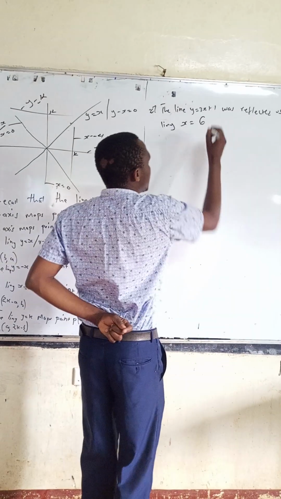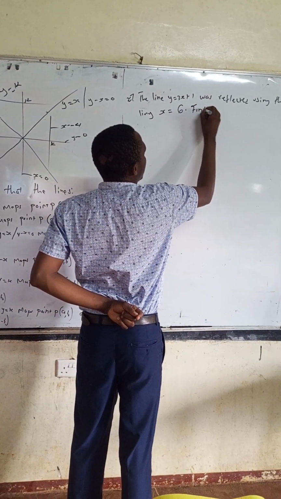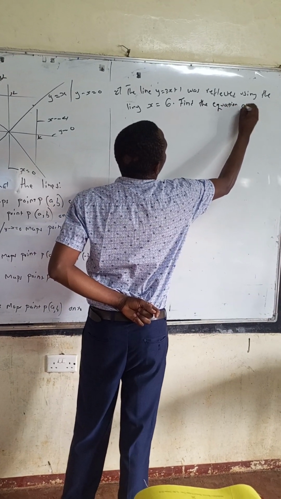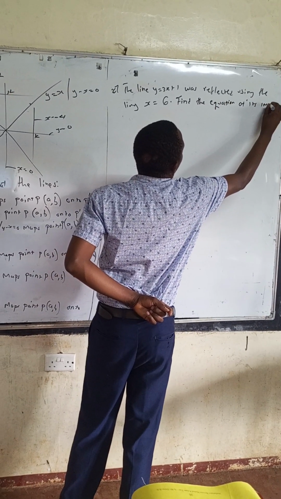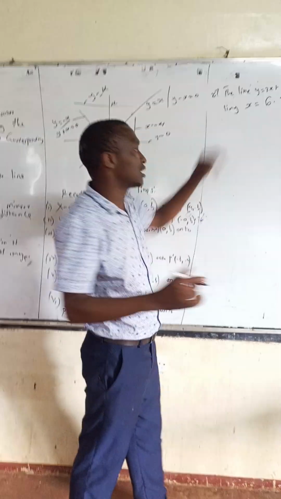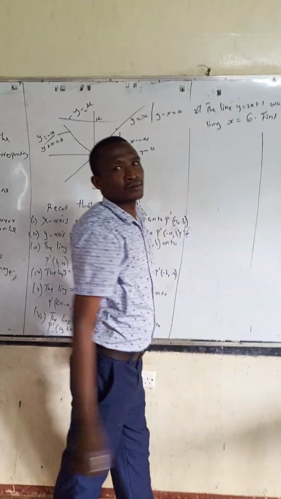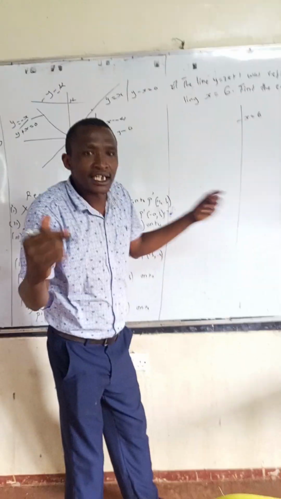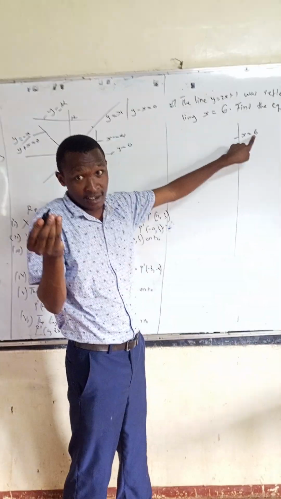Find the equation of its image. So in this question, you know the mirror line here will be the line x is equal to 6, where our k in this case, x equals to k, our k now is 6.